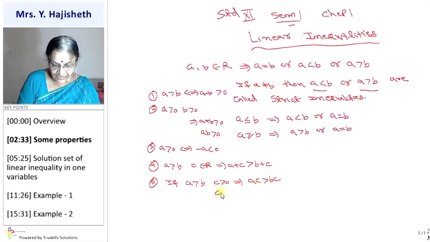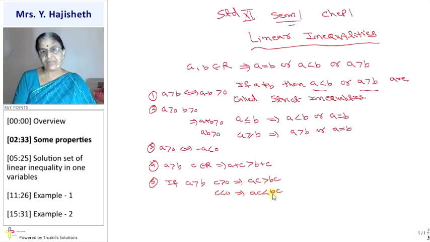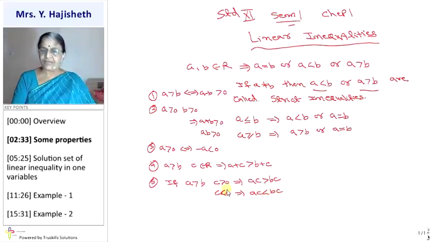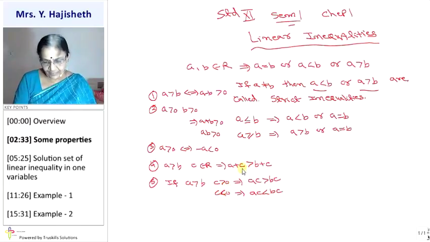But if C less than 0, then AC will be less than BC. If I multiply both sides with a negative number, then my inequality changes. Adding positive or negative doesn't change the inequality, and multiplying with a positive number does not change it either. But if you multiply with a negative number, then inequality changes.